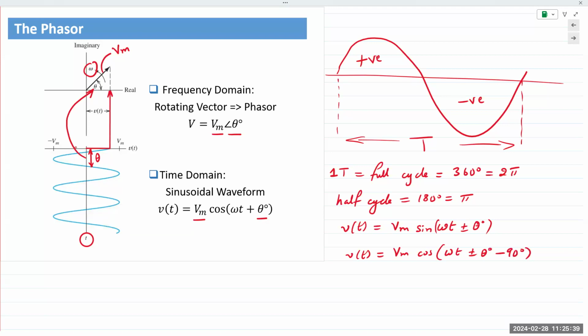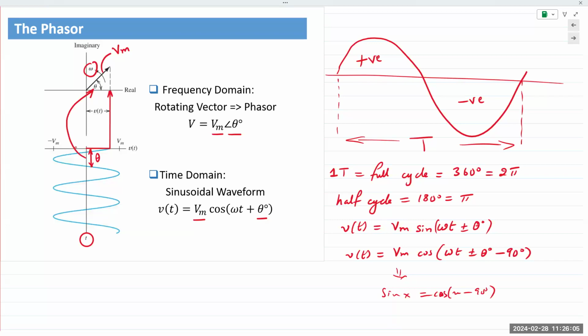Sine x is equal to cos of x minus 90. The reason we do that, of course, there is a phasor transform derivation. But again, it forms a right angle triangle, and that's where it comes from.